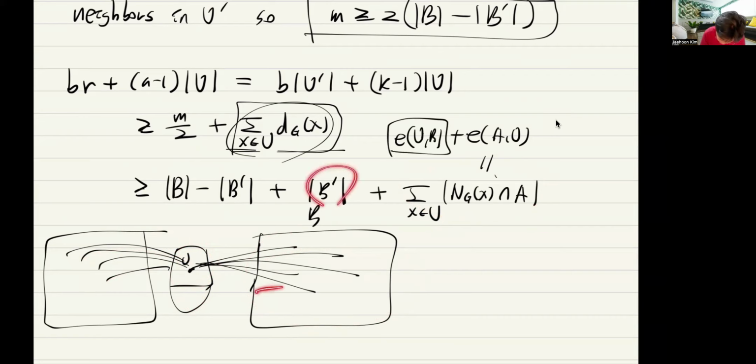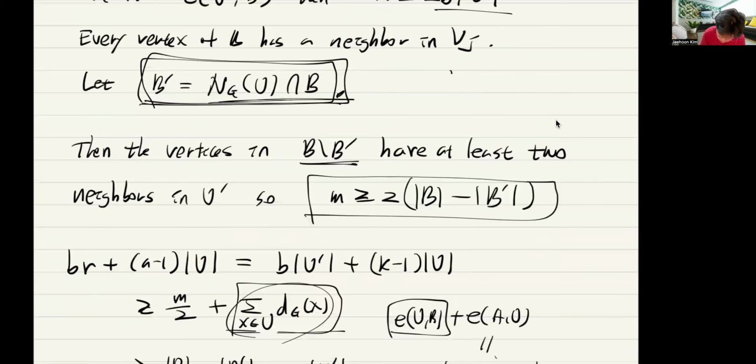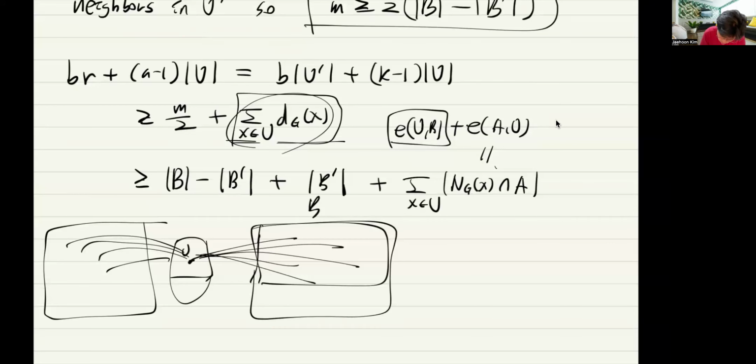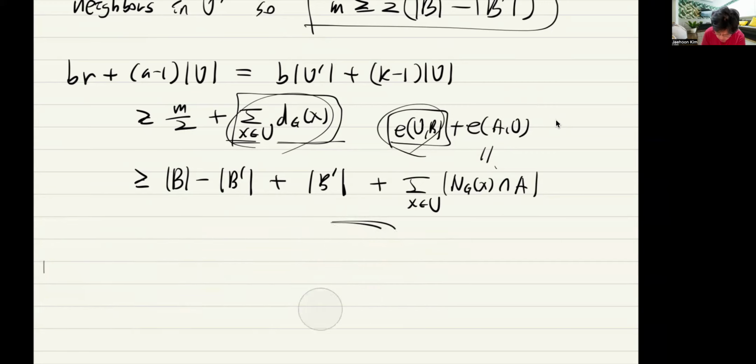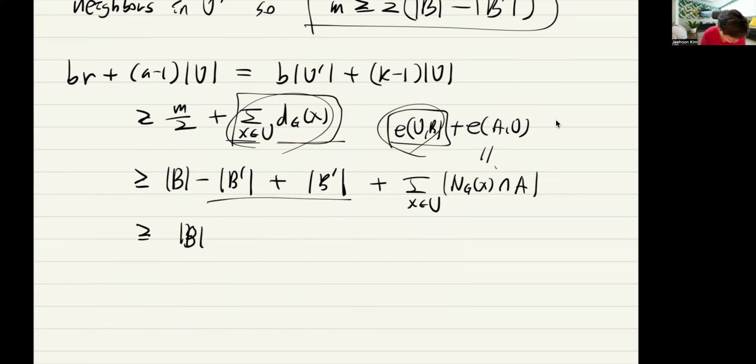For each vertex in B prime, the neighborhood, any vertex that has at least one neighbor in B, you count that, and that forms a lower bound on here. So this together is a lower bound on here. And you have a B, and then this cancels out.